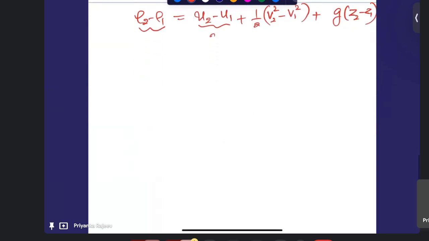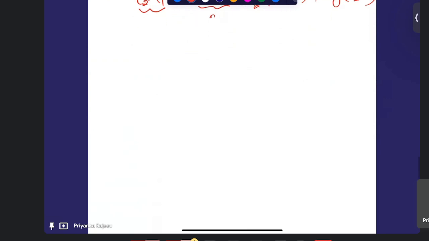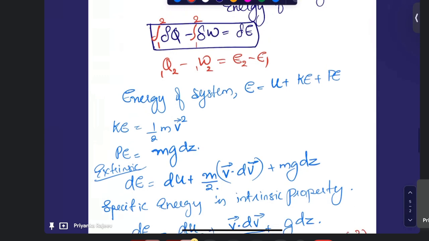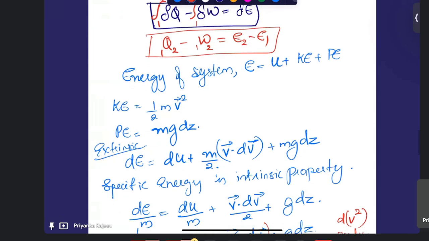Yeah, so enthalpy. Now next up is a quantity called enthalpy. So before that, we will again go back to this equation.